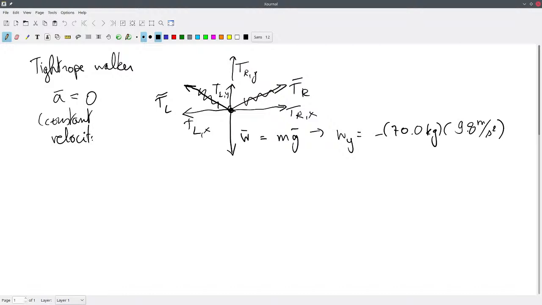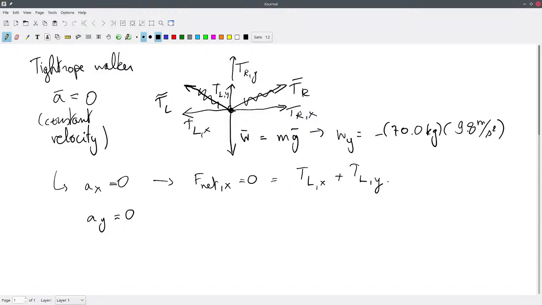If the acceleration is 0, that means that the acceleration in x is 0 and the acceleration in y will be equal to 0. The acceleration in x is 0 means that the net force in x is equal to 0.